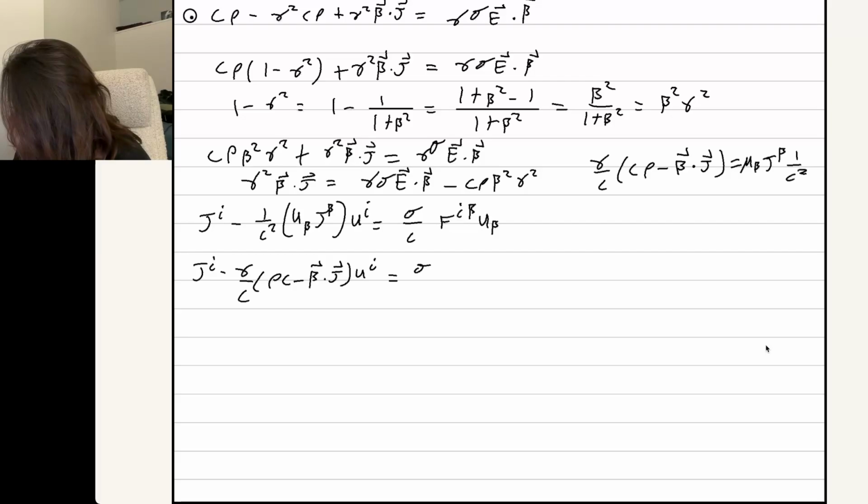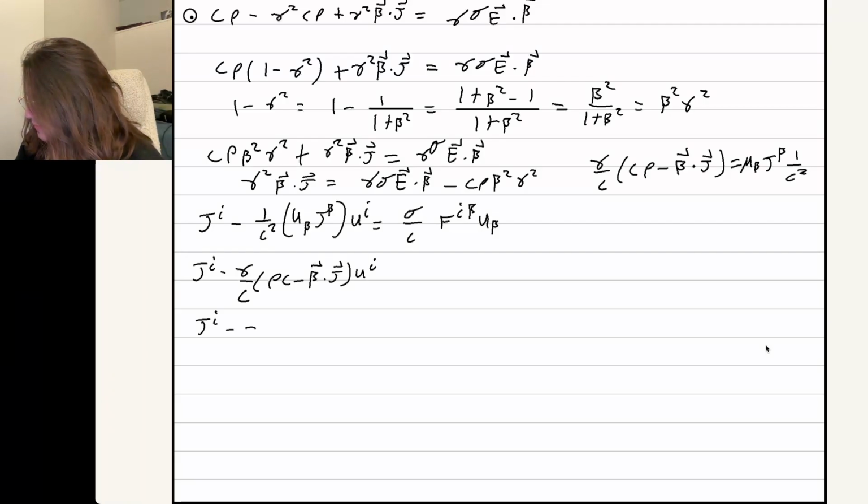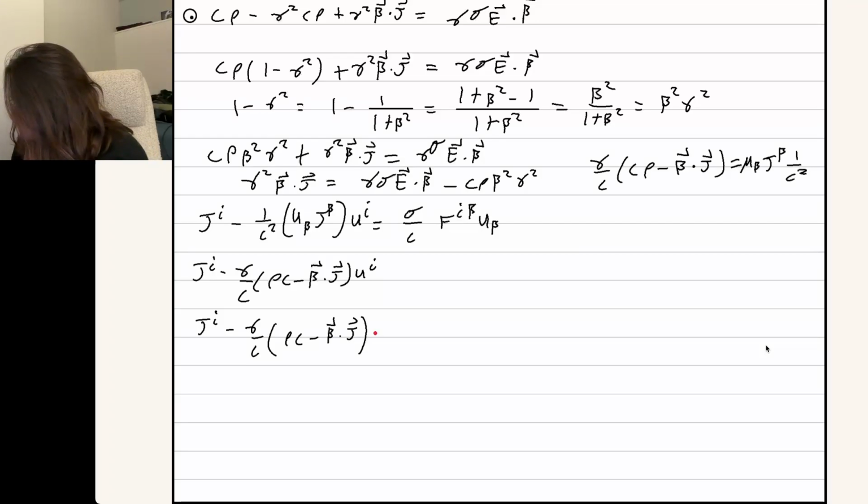I'm just going to leave the right side as it is for now and get back to it in a second. We know what the space components of u i are because they're just gamma c beta vector. So I'm going to actually write that out. So gamma over c rho c minus beta dot j, and this is going to be gamma c beta vector, but indexed to the ith component, so i.